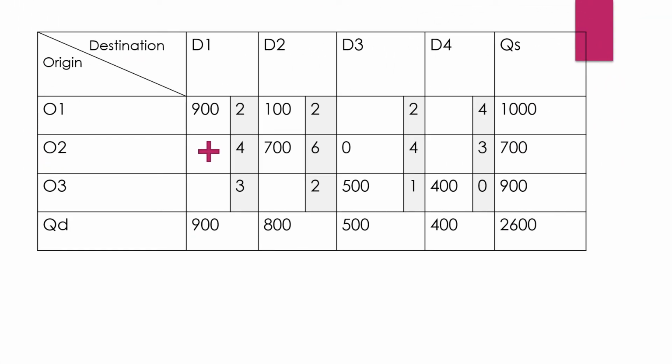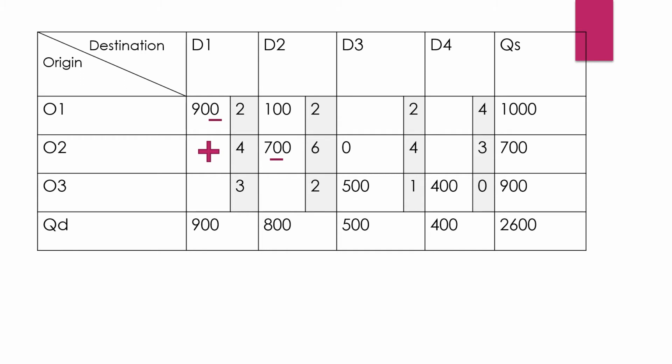Now, let's see how much we have to transport from other locations to this unoccupied cell. Here we can transport from either O1 D2, O1 D1 or O2 D2. Then how much quantity should we allocate?